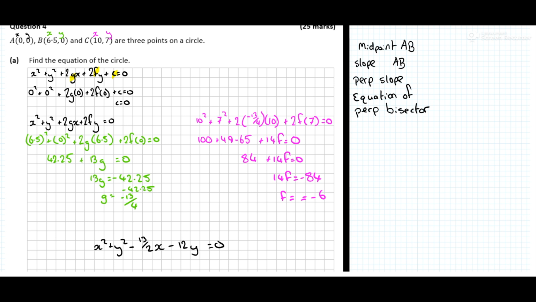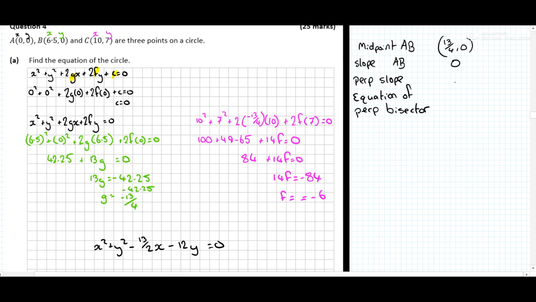I will actually talk about them. Because A to B is horizontal, we know that the midpoint pretty quickly is going to be half of 6.5, which is 13 over 4, 0. The slope of AB is 0 because it's horizontal.